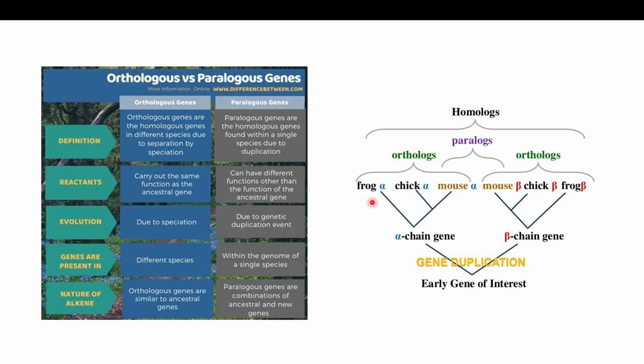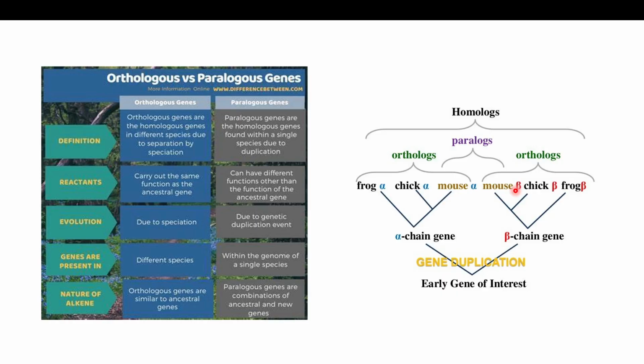So frog alpha, chicken alpha, and mouse alpha are orthologs of each other. These genes encode the alpha chain peptide. Similarly, the mouse beta, chicken beta, and frog beta are orthologs of each other.